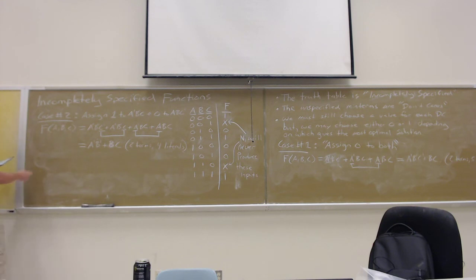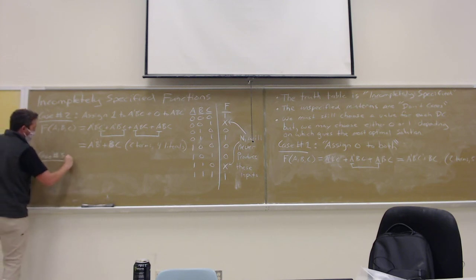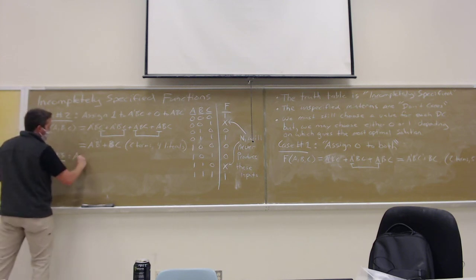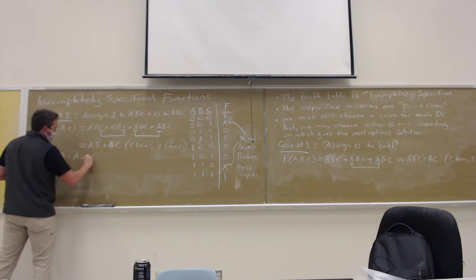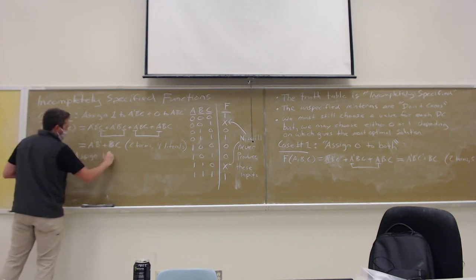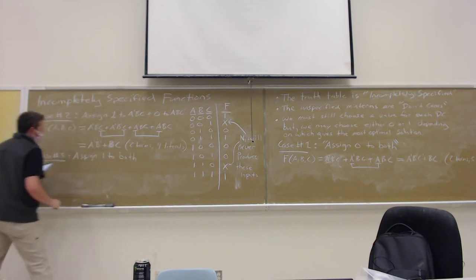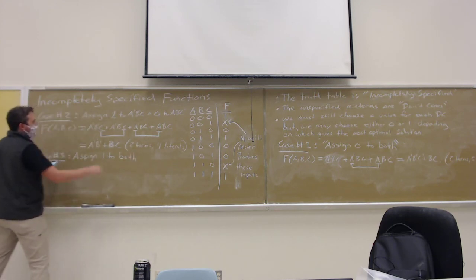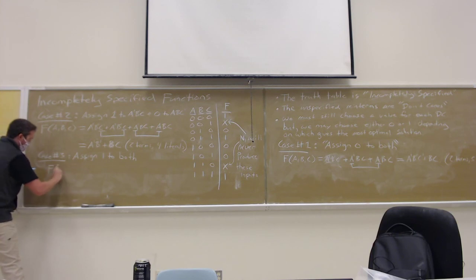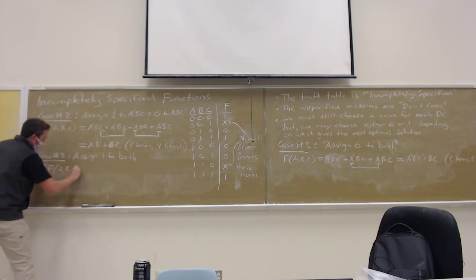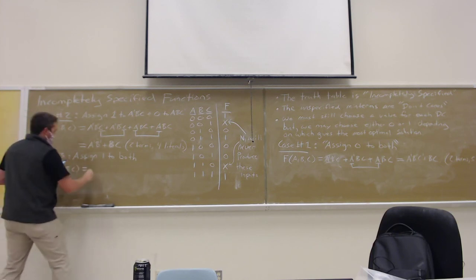All right, case three, assign 1 to both. So that means we're going to have F of A, B, and C is equal to, what do we got?